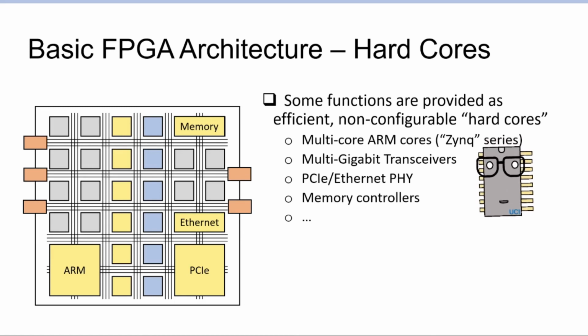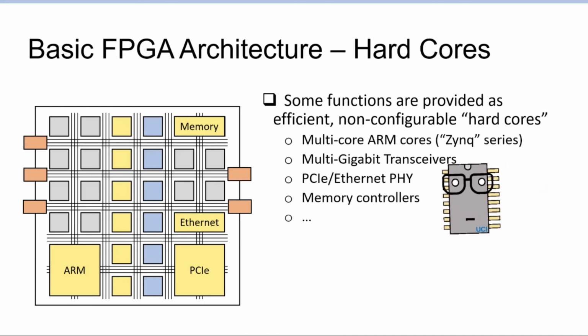They also often include something called multi-gigabit transceivers, which are serializers and deserializers for sending very high frequency, multiple gigahertz signals over a pair of wires. And this is what is used as the basis for implementing the physical layers of many communication technologies, including PCIe, Ethernet, and stuff like that.